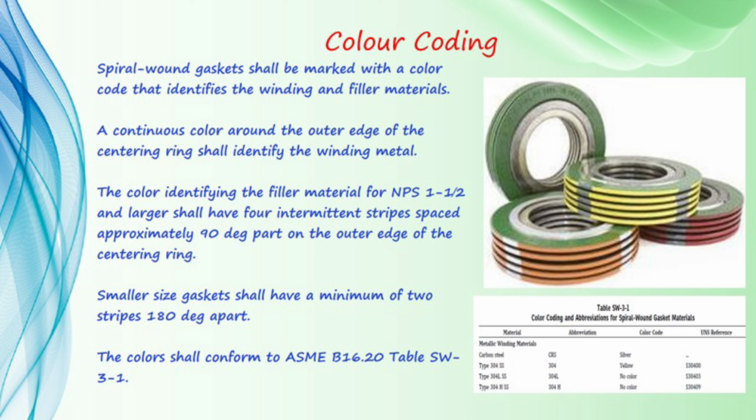This color shall conform to the ASME B16.20 table SW-3-1, so the QC inspector has to refer to that chart. However, I will again mention that the QC inspector should refer to the relevant specification, color coding and marking chart. Here, for guidance or general purposes, I have mentioned the ASME B16.20 references.